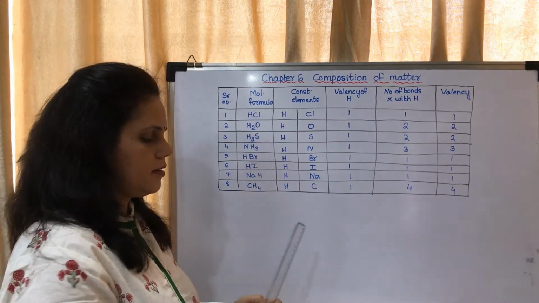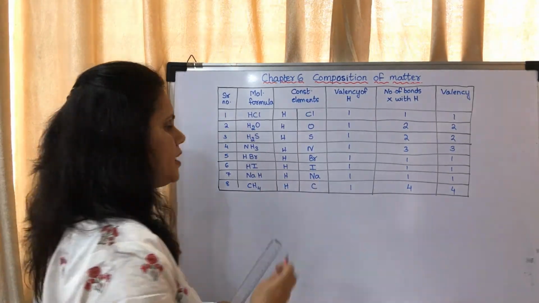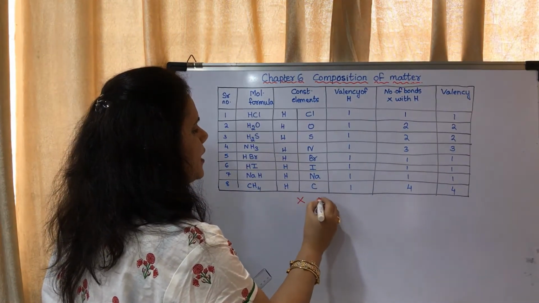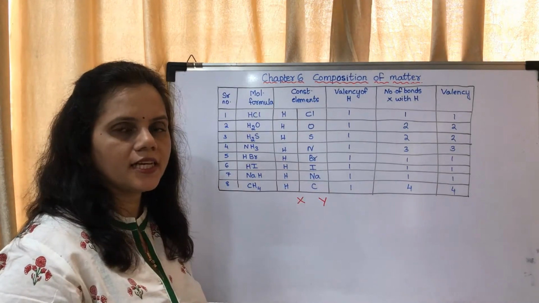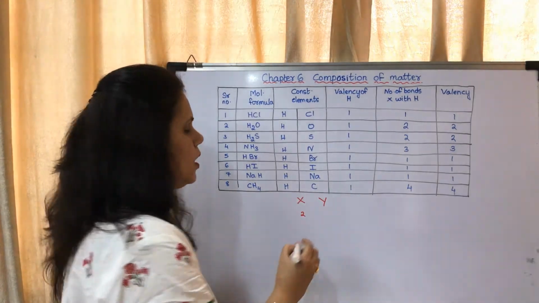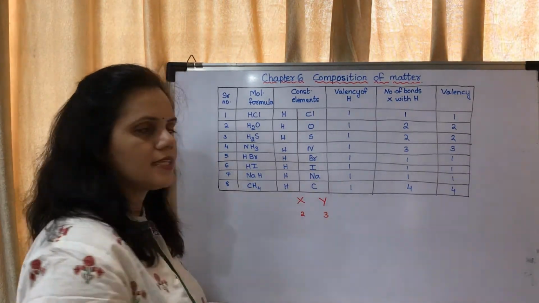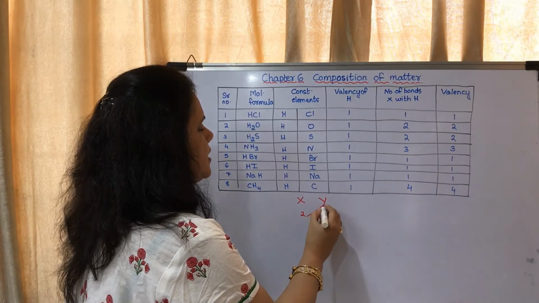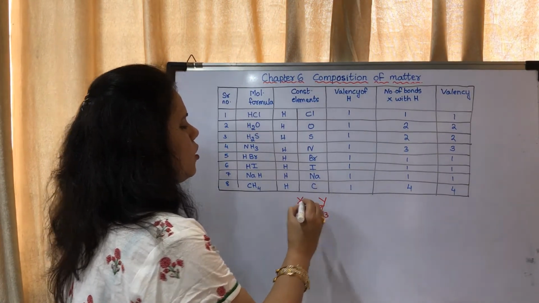From the molecular formula, I had told you earlier, when you write the molecular formula, if these are the two elements, the valency of this, consider it is 2, and the valency of this, consider it is 3. The valency is written towards the opposite.